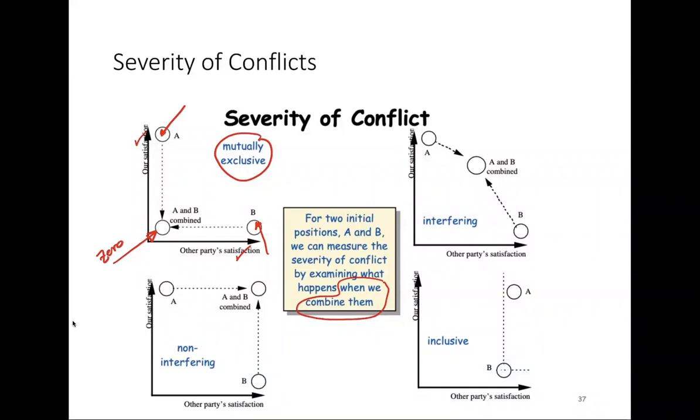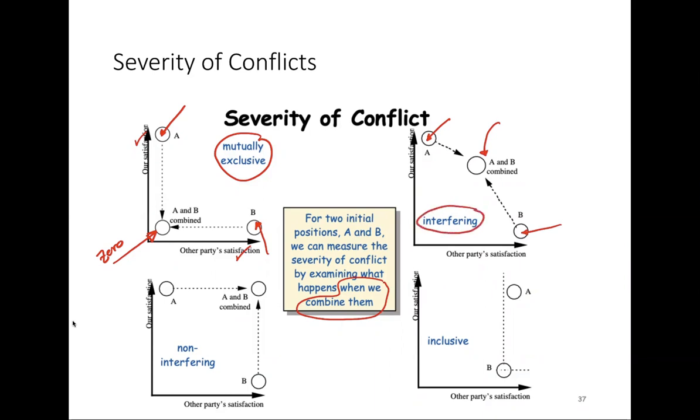On the other hand, if this is my satisfaction over here and I still have the other party's satisfaction here, but we compromised on the conflicts between the two parties, we say that when A and B are combined, they are interfering.